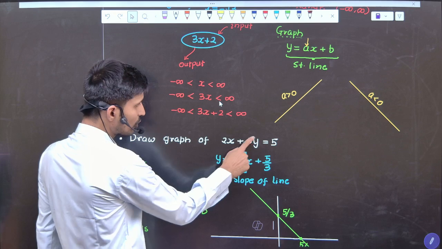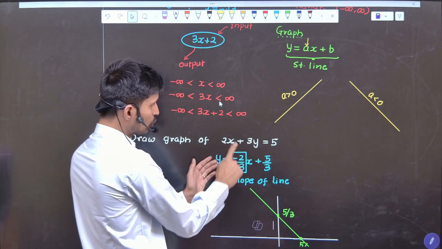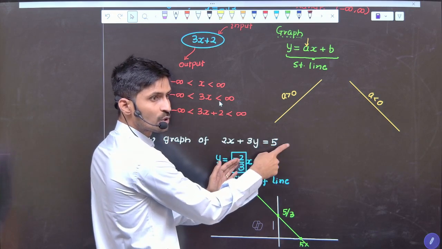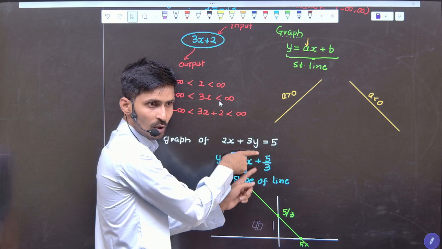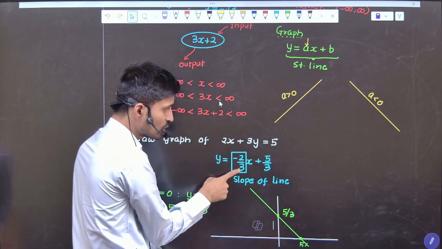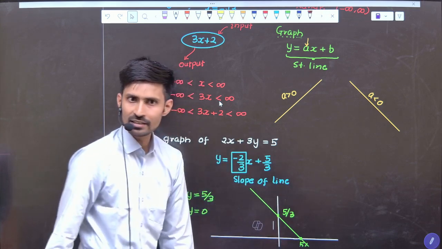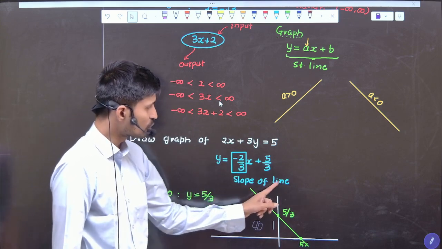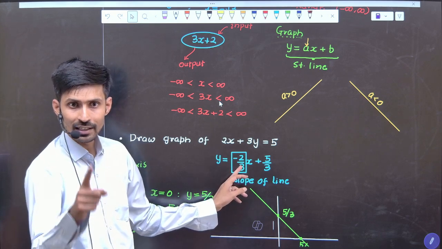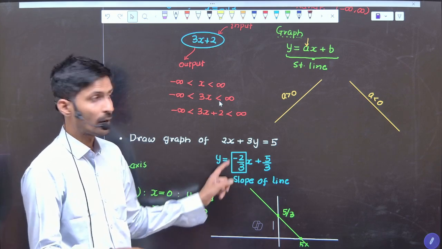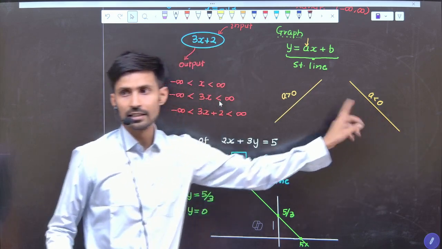So you keep 3y on this side, and 2x will go to that side. What will it become? Minus 2x plus 5. Then you divide by 3 because I need to keep y alone. That will come as y equals minus 2 by 3 x plus 5 by 3. Is the line clear? You can see A is minus 2 by 3, and this we call the slope of the line. Minus 2 by 3 is negative, so the line will go from up to down. A is negative. That is the graph.